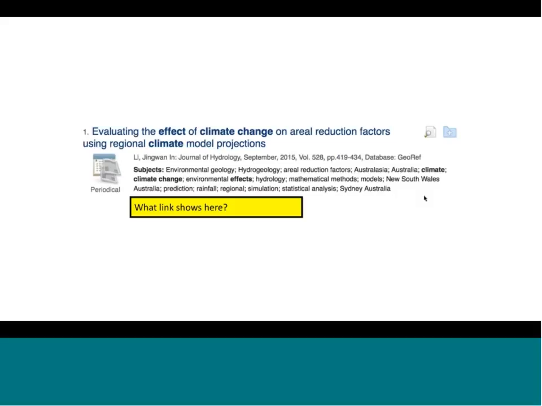The next thing that we need to do, so after all that relevancy ranking happens to get this to number one, our next focus is on what link shows underneath that title. And one of the best features of EDS is its ability to link students to full text fairly seamlessly. But think about all the subscriptions that your library has access to. You likely get full text from hundreds of different providers.